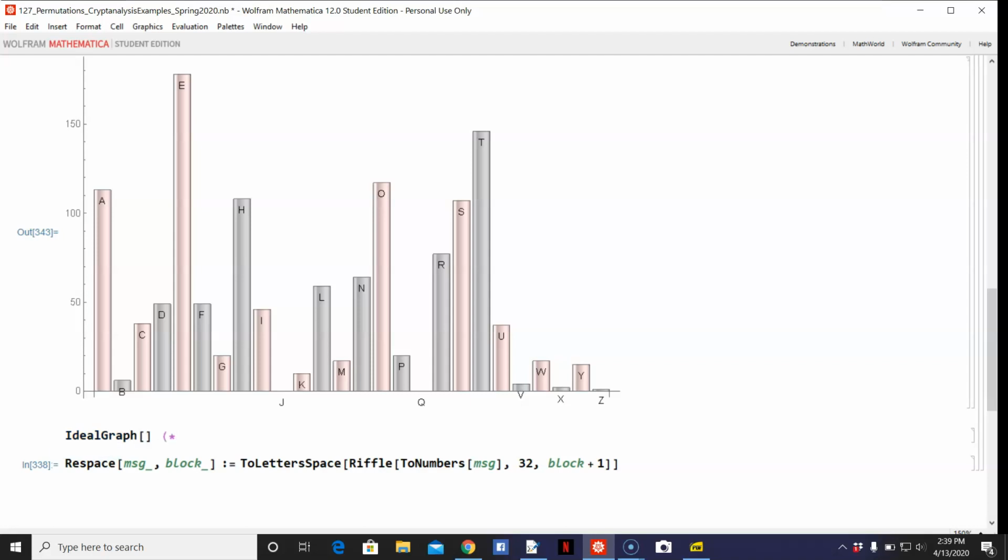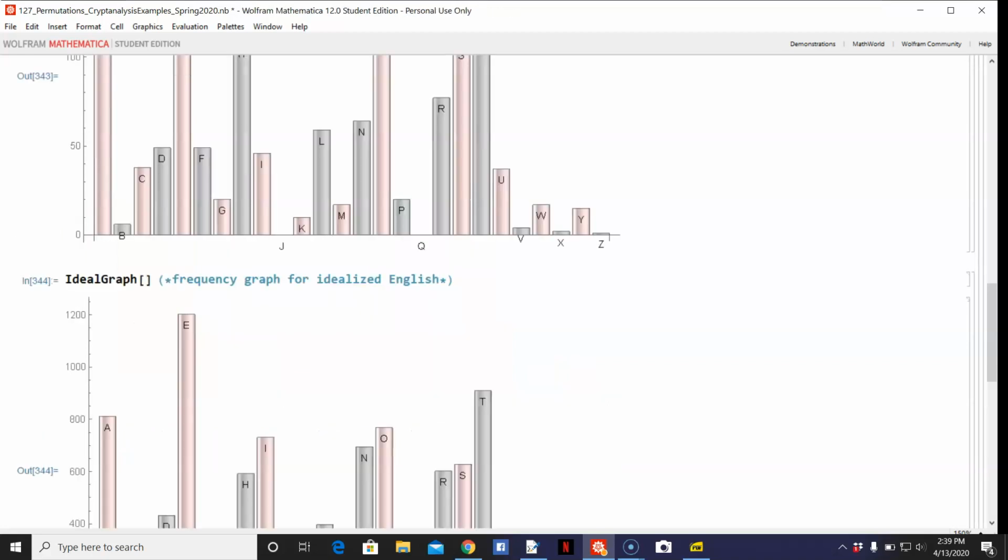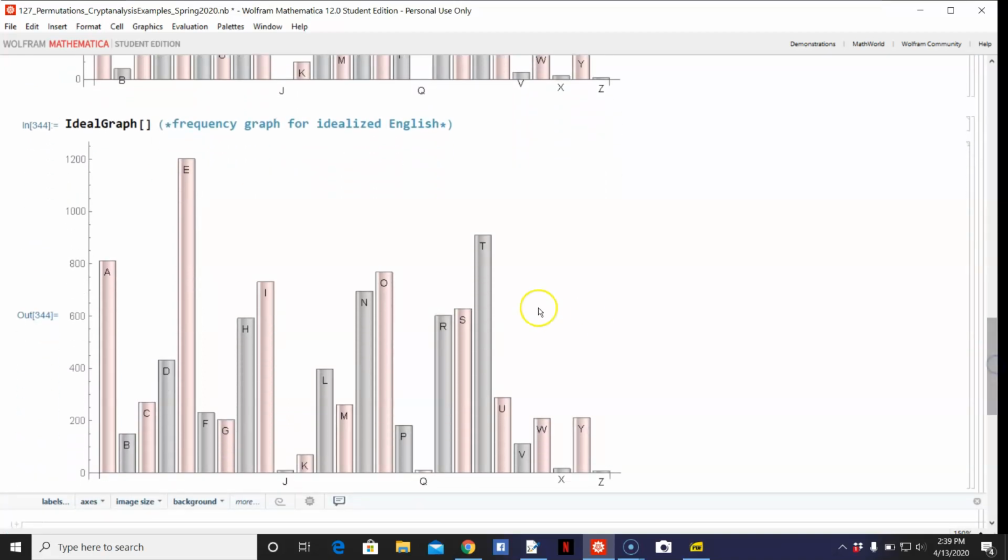All right, and this gives the frequency graph for, in essence, perfect English. So it should look something like this. This is what idealized English would look like.